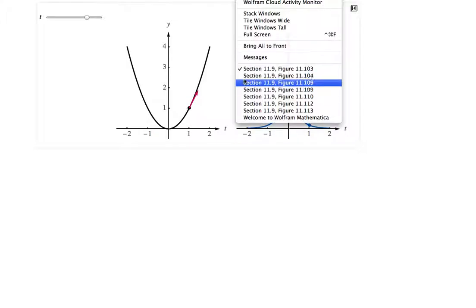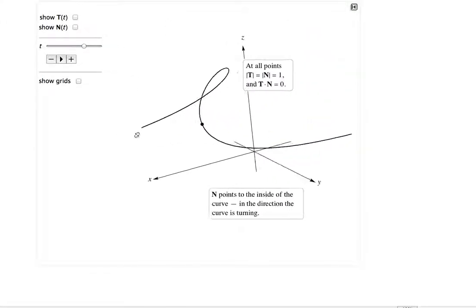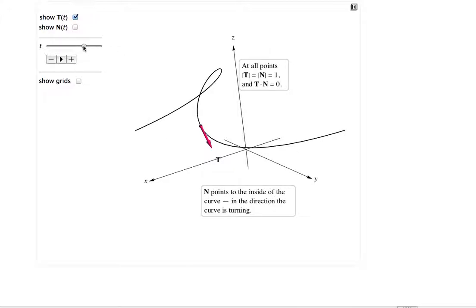As we look through the concepts and get more complicated figures, we would say that if we show the tangent vector of this particular trajectory, we can see that we have a unit normal vector. The normal vector will point to the inside, in the direction in which the curve is changing.